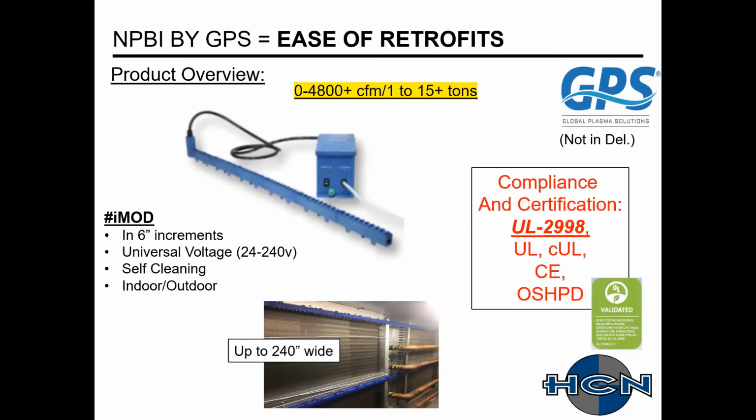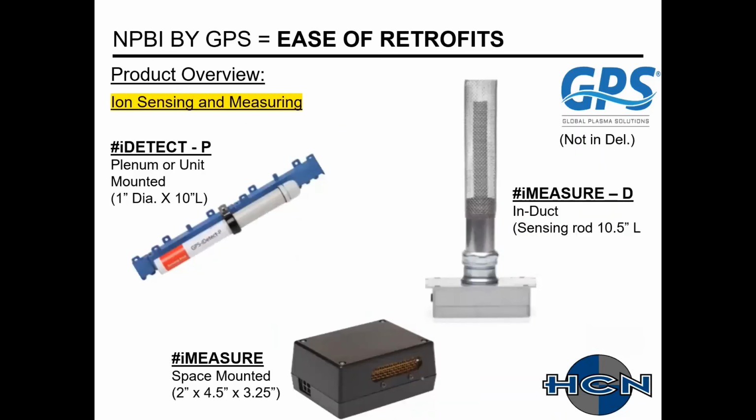And the great thing about this iMod product is that they have achieved the higher UL certification of 2998 for ozone generation. You can actually search on the internet for the UL 2998 companies that have achieved that, and find the iMod product. All right. Now, not just the generating, but they also have the sensoring and measuring devices.